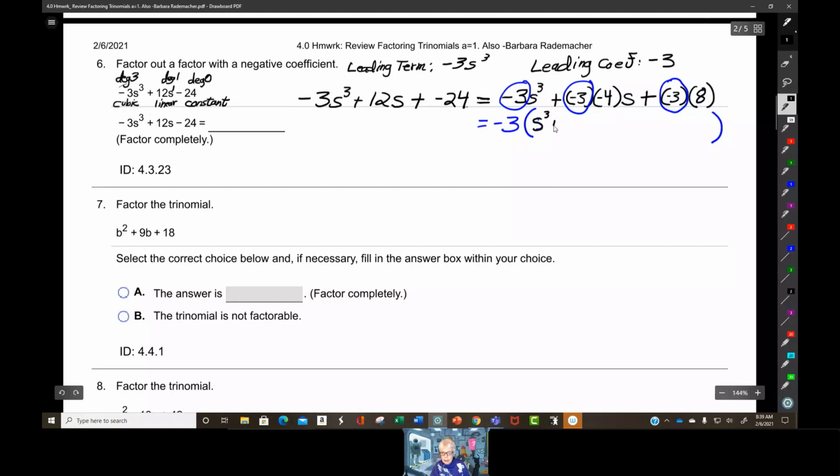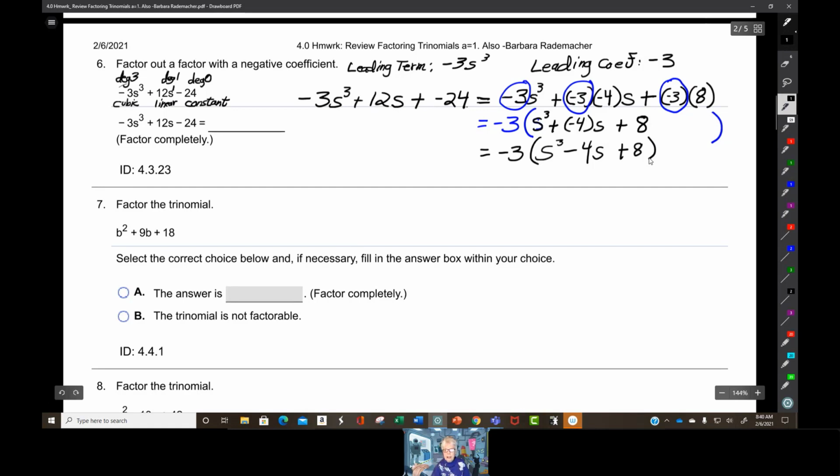S to the third plus -4s plus 8. That's a +8. Well, the plus and the minus next to each other. Just say to yourself, well, positive times negative is negative. So our final answer, my final answer, is going to be s to the third minus 4s plus 8.